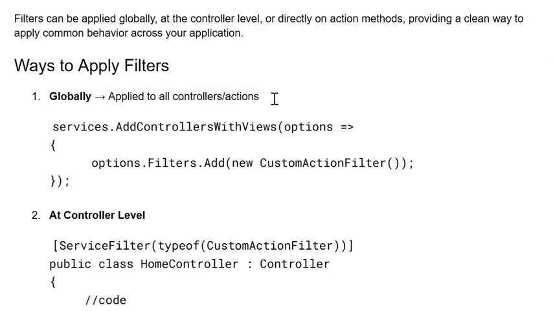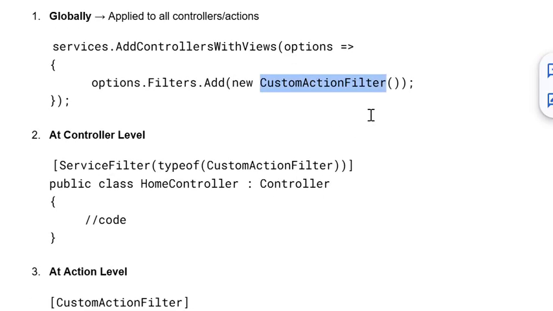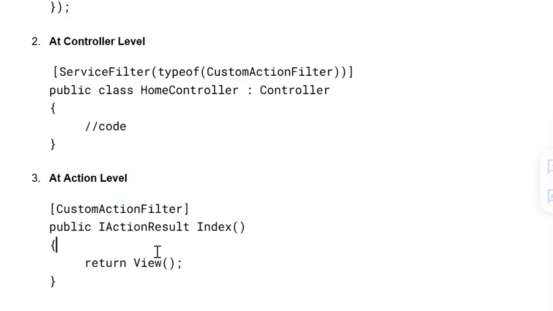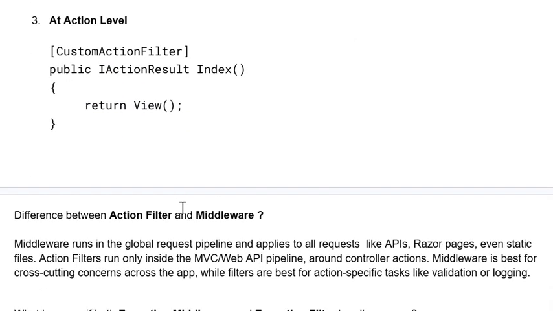Globally applied to all controllers or actions: in services, add controllers with views, here I added the filter, AddFilter CustomActionFilter. I have taken a custom action filter. Here at controller level I have used this one, and at action level I have used this one.